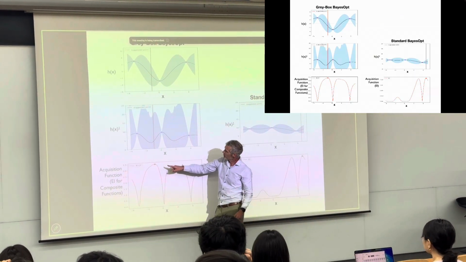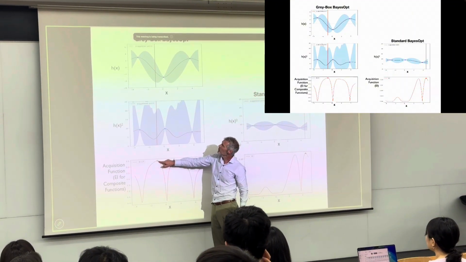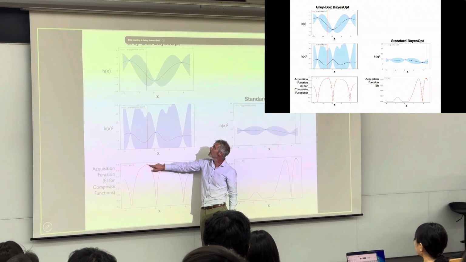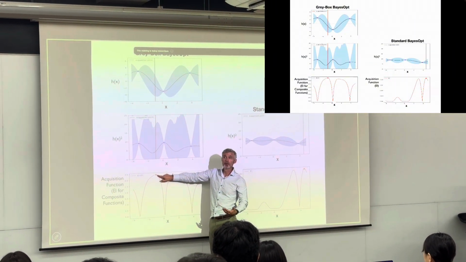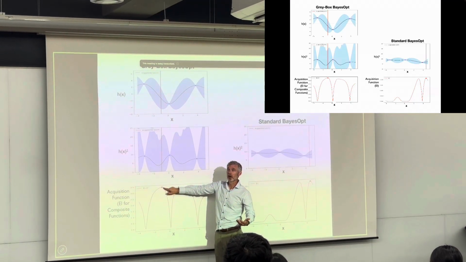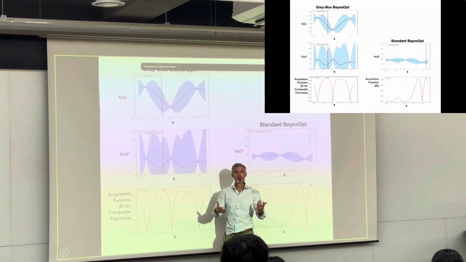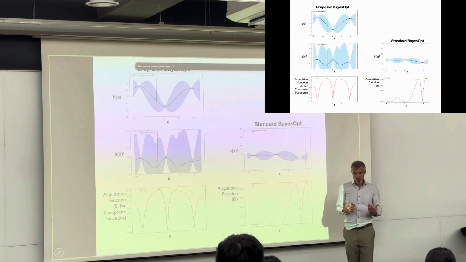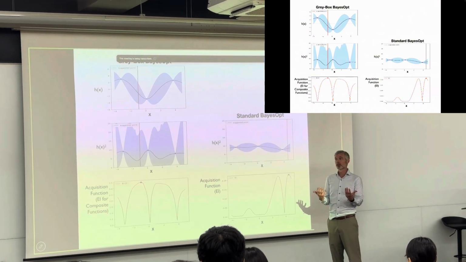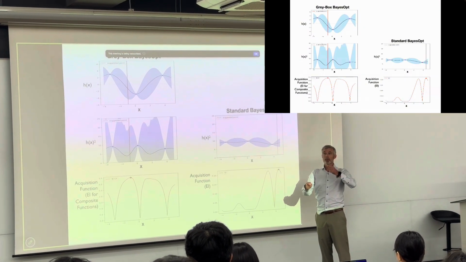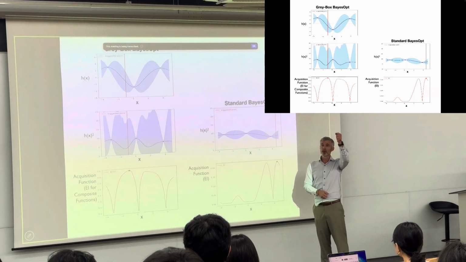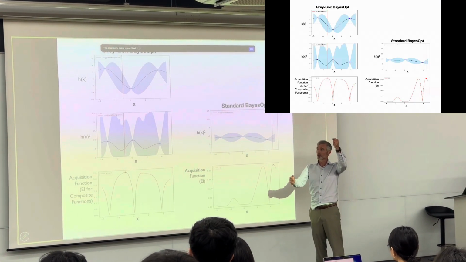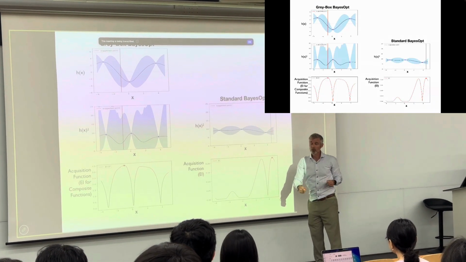In particular, it recommends measuring here, which is roughly halfway between a point with negative h of x and a point with positive h of x. So it has the flavor of figuring out organically that maybe bisection search is a good idea. I have a point where the function is higher than my target, a point where my function is lower than my target, and then I want to measure somewhere in between.